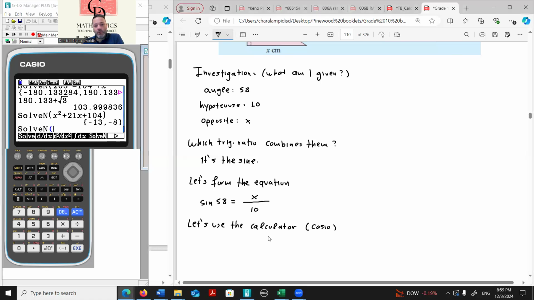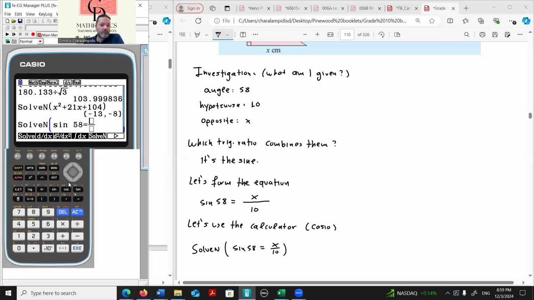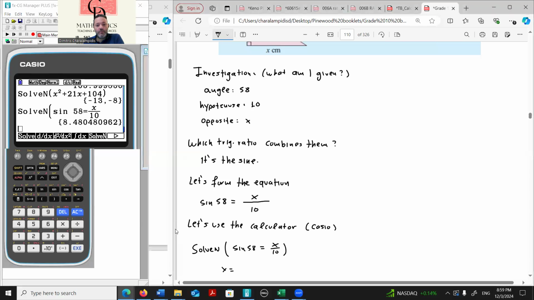So I'm going to go to the solveN command and write sine 58 equals x over 10. So sine 58 is x over 10. I'll press the X, ignore this exit. So x should be 8.48.